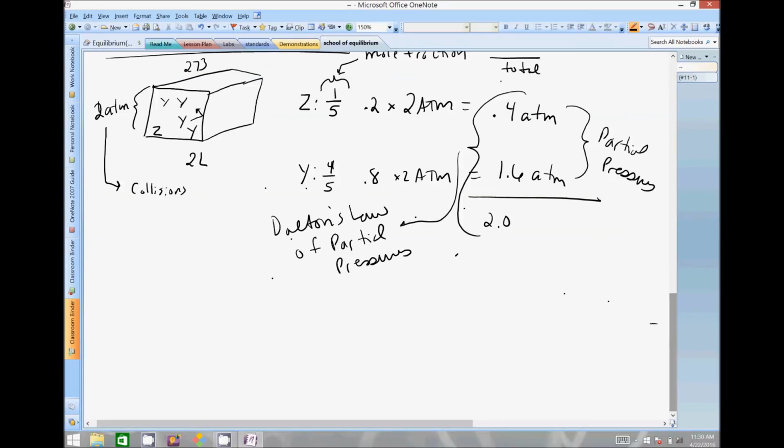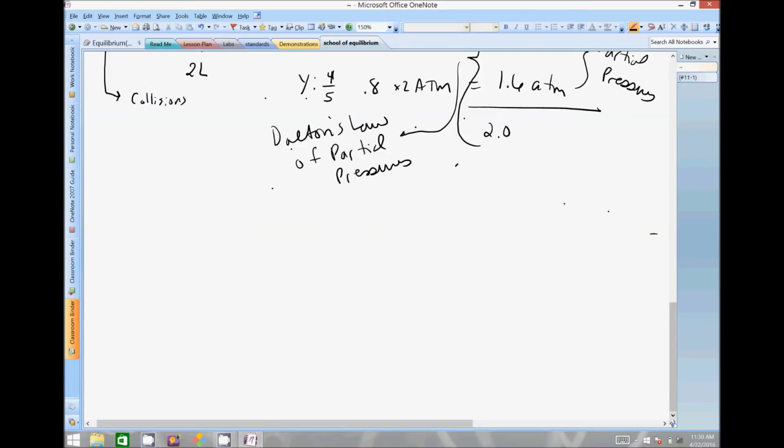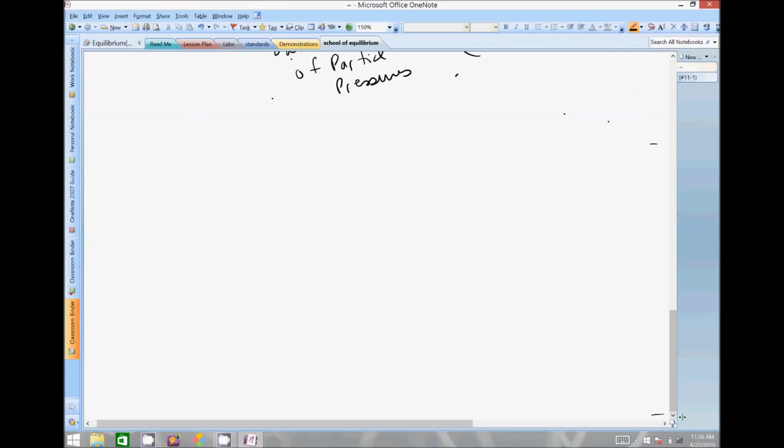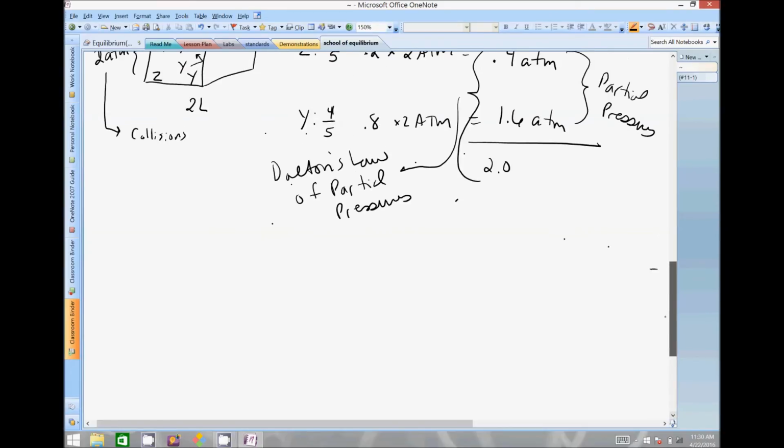Okay. Now, all right, great. So we know that Z has a partial pressure of 0.4. Okay. So this is what we're actually tracking. The partial pressure of Z is 0.4. The partial pressure of Y is 1.6. And that's what we're tracking.